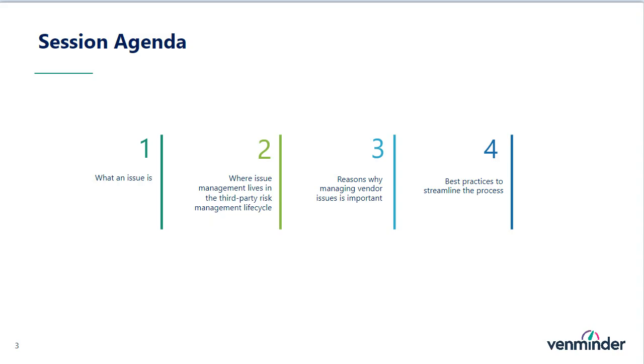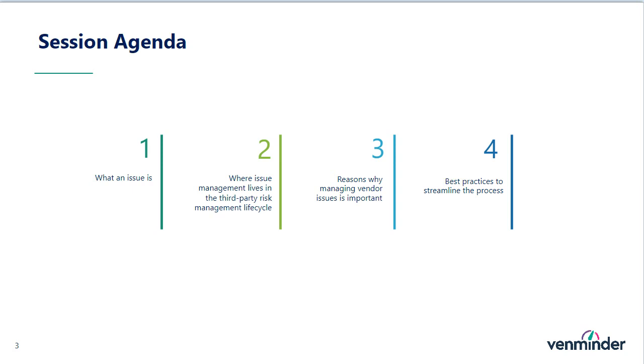Thanks, Jessie. Welcome, everyone. Looking at the agenda for today, let's start with what an issue is in terms of definition. Your organization might have a different impression of it, so let's do some level setting there for the context of today. We'll look at where issues management lives in the third-party risk management lifecycle.